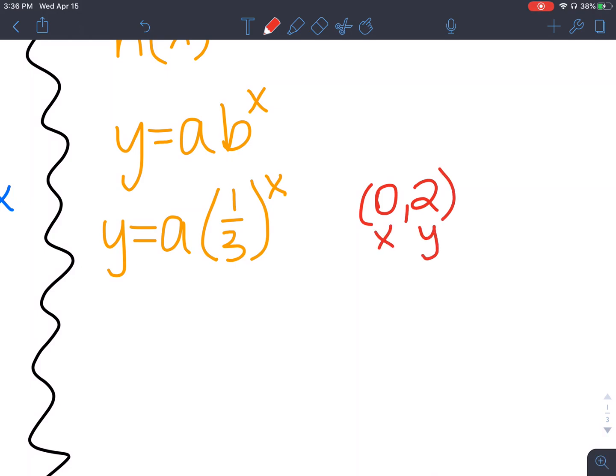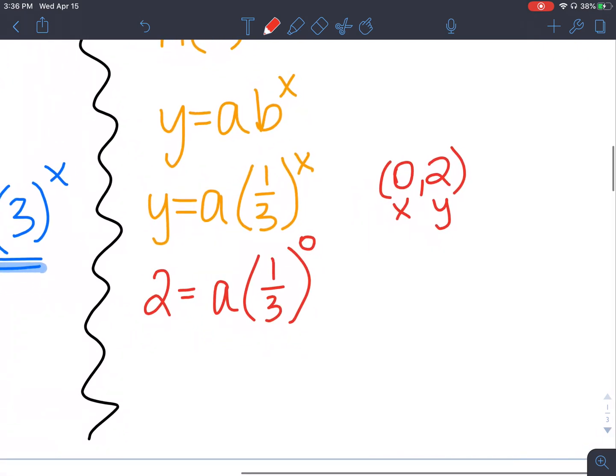x, y. So I have 2 equals my a, which I don't know yet, times 1/3 to the 0. Now if we remember from our exponent properties, anything to the power of 0 becomes the number 1.